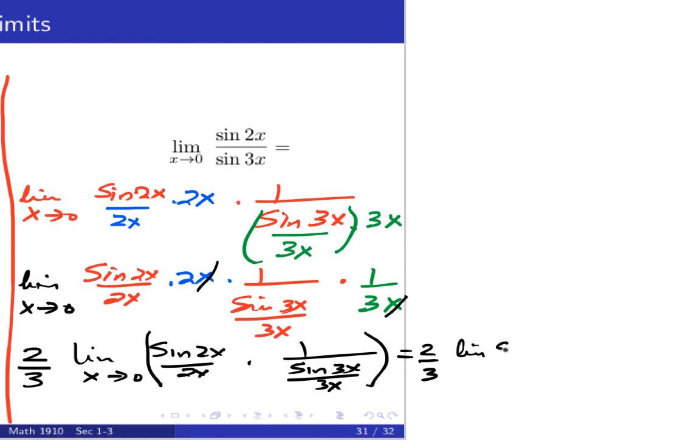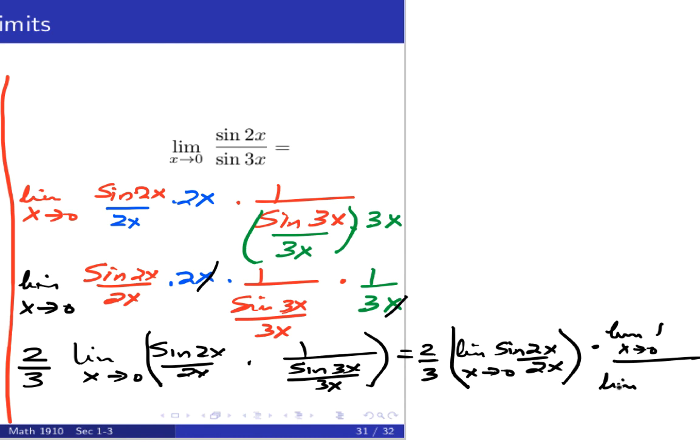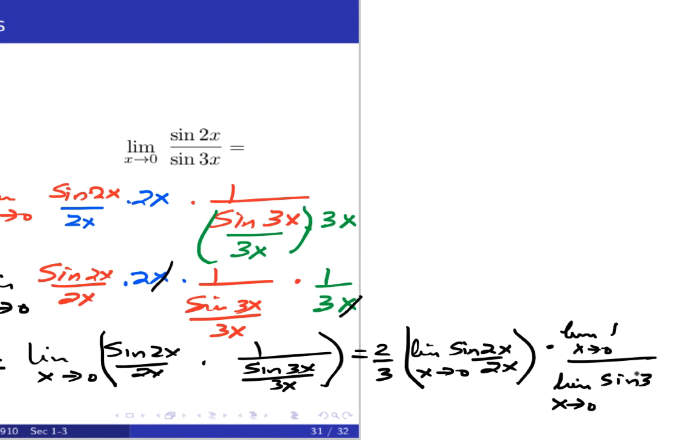So which is limit of sine 2x over 2x as x approaches 0 times, now we can take the limit in the denominator, and the limit in the numerator of a 1 is always going to be 1. So this is going to be limit 1 as x approaches 0 over the limit as x approaches 0 of sine 3x over 3x.